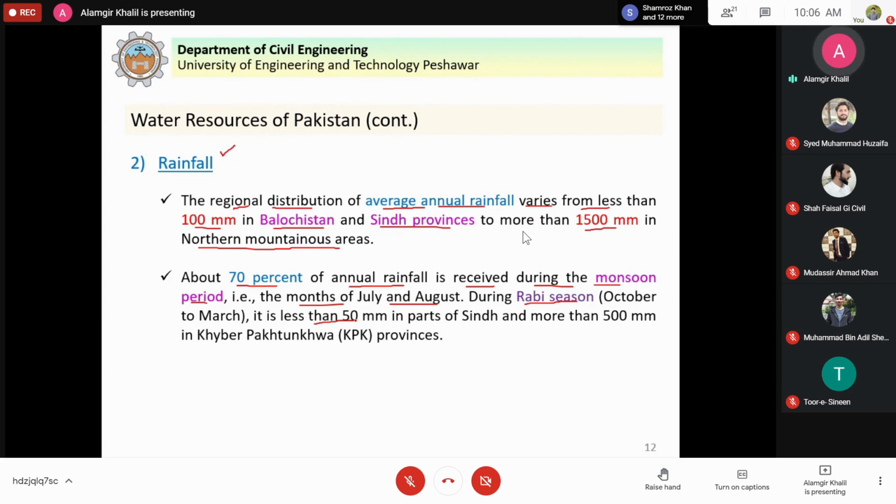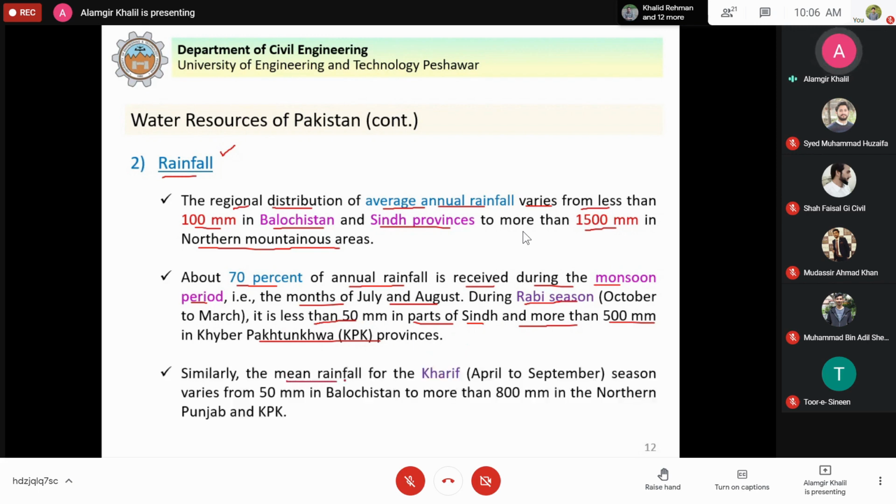It is less than 50 millimeter in parts of Sindh and more than 500 millimeter in Khyber Pakhtunkhwa provinces. You can see here that when we have Rabi crops, if we are dependent on the rainfall, less than 50 millimeter of rainfall occurs in parts of Sindh and more than 500 millimeter in Khyber Pakhtunkhwa.